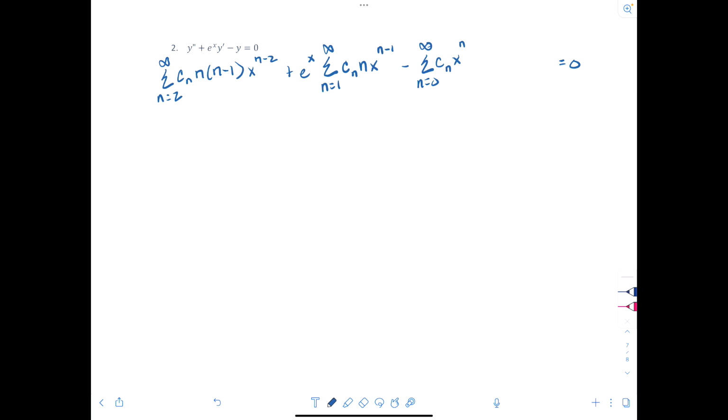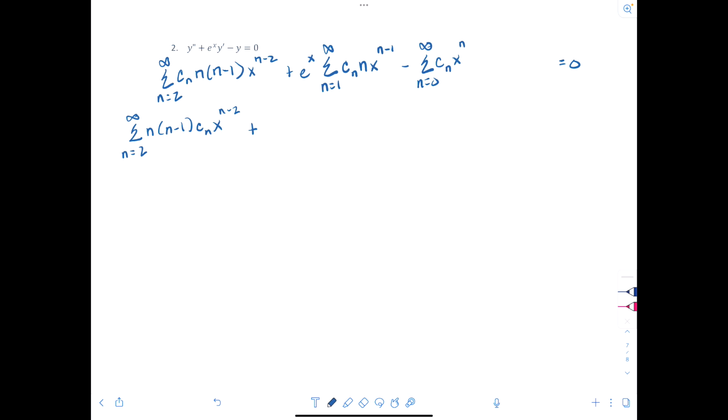So continuing, we'll have the summation as n goes from 2 to infinity of, I'll write it as n times n minus 1 times c sub n times x to the n minus 2, plus e to the x, which is itself an infinite series, right?